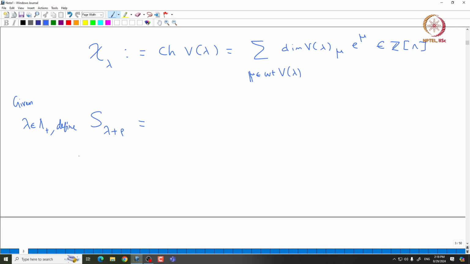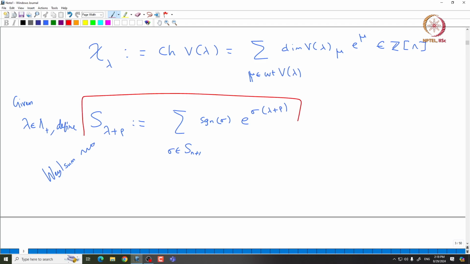We call this the Weyl sum associated with lambda. It is defined to be the summation of sign of sigma times e power sigma of lambda plus rho, where sigma comes from S n plus 1. This is the definition of S lambda plus rho.